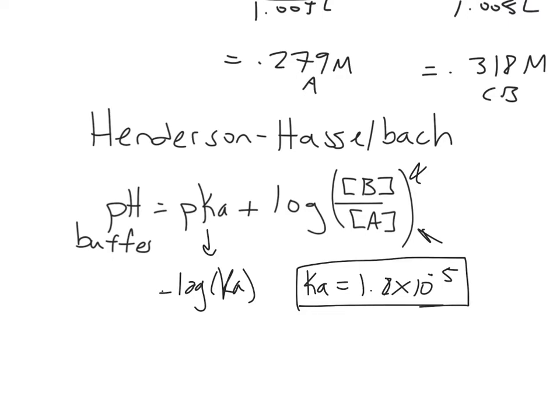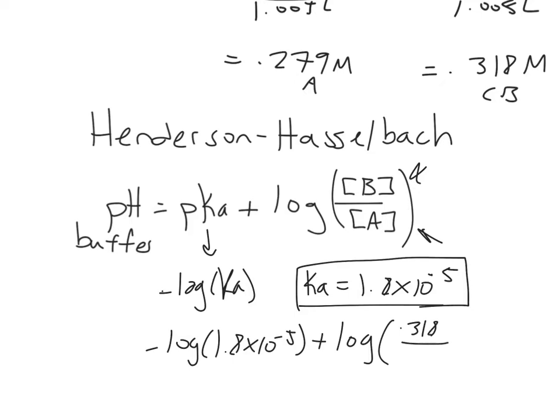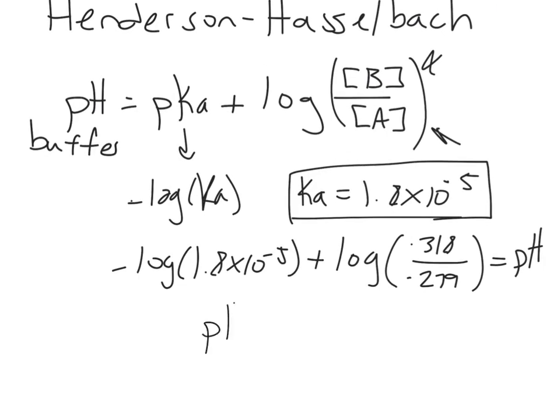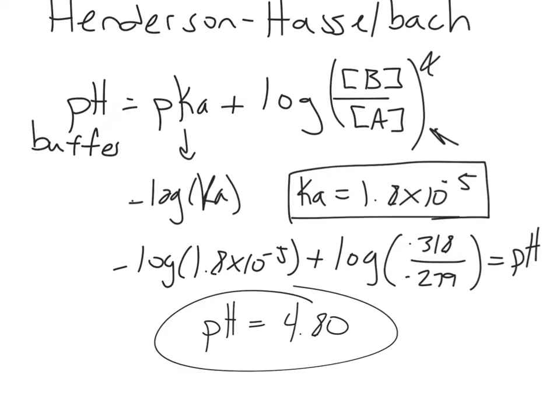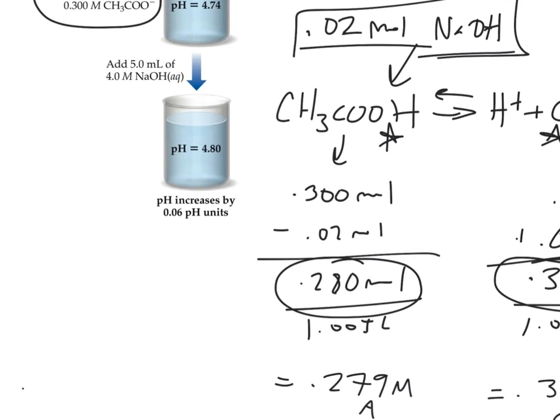So if I want to find the pH now, after the mixture of the base into the acid-base buffer, I simply use the pKa, which is the negative log of 1.8 times 10 to the negative fifth, and I add the log of the base, which is 0.318 molar, over the acid, which is 0.279 molar, and that should equal the pH. And the pH is equal to 4.80.